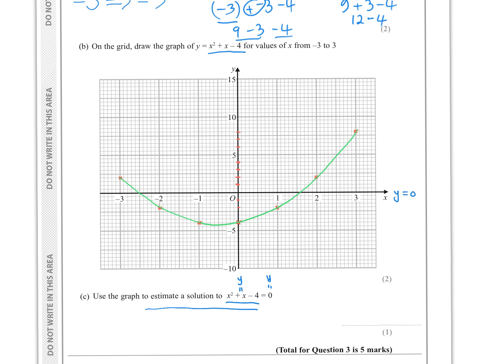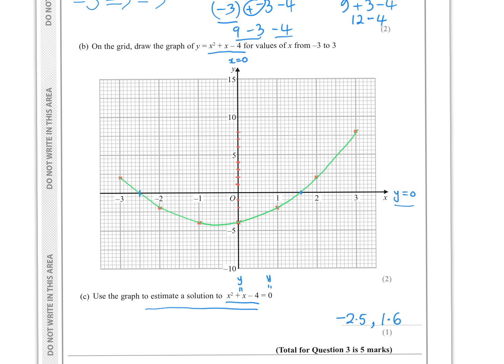When x equals 0, that's called the y-axis. Okay, so we want this axis here, which is the x-axis. So I can see here that one solution would be -2.5, and the other one looks to be 1.6.